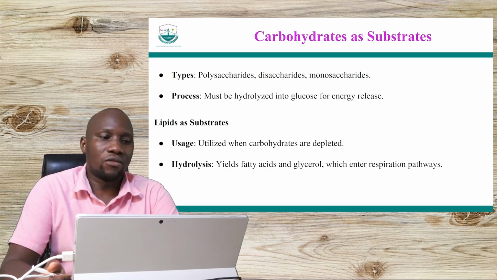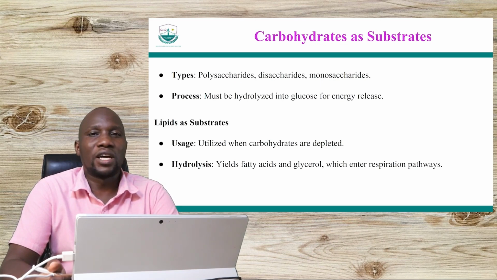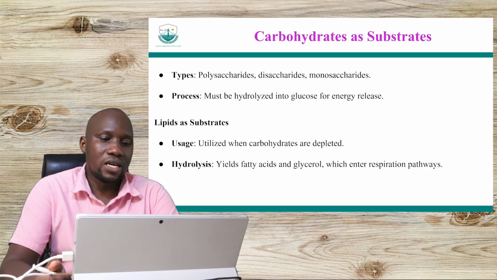Polysaccharides are broken into disaccharides and then finally into monosaccharides. The process of breaking them down into their constituent components, or monomers, is hydrolysis. You use water in that process.